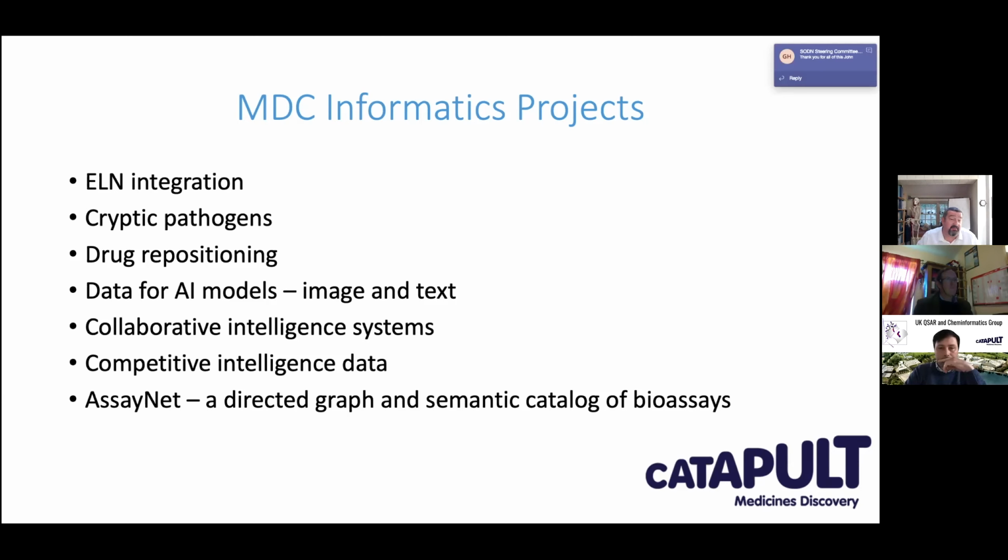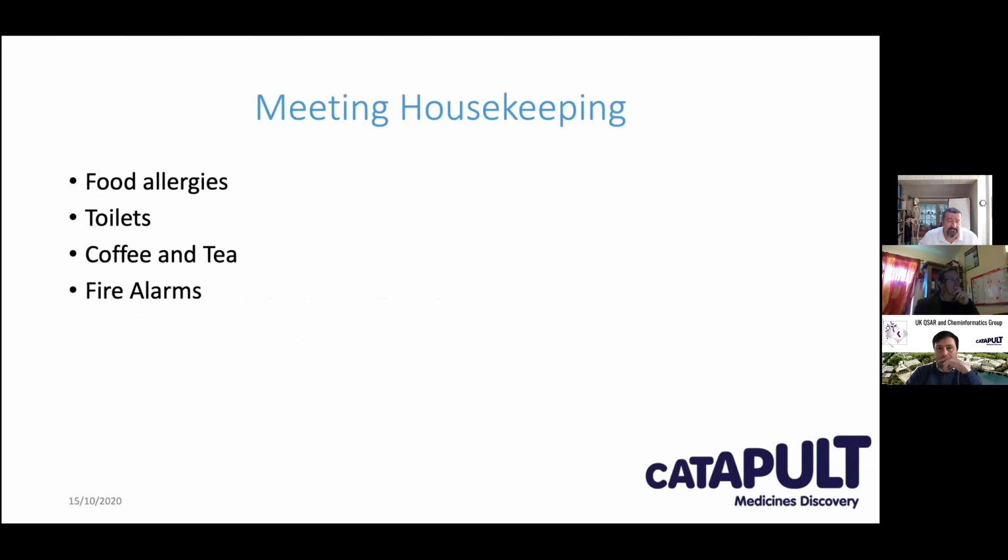We're developing some collaborative intelligence systems and competitive intelligence data, so finding out faster about what's going on in the community, grounding to chemical structures or biological sequences for biological drugs and so forth. And this afternoon I'll tell you about a scientific project called AssayNet, a directed graph and a semantic catalogue of bioassays. So I'll return to that a little bit later.